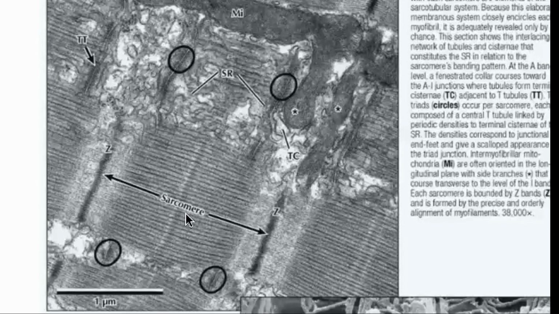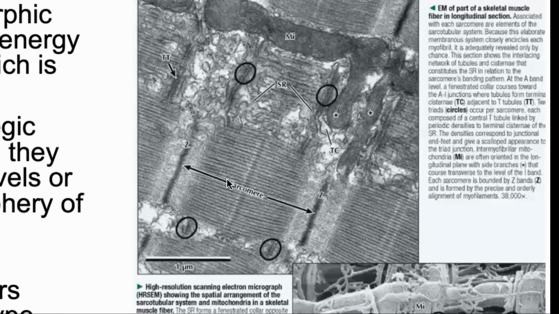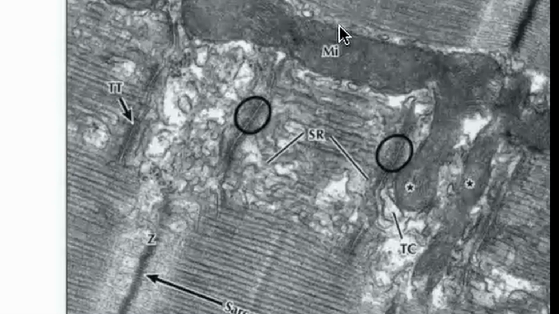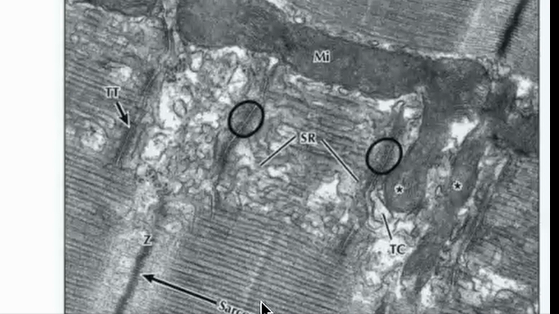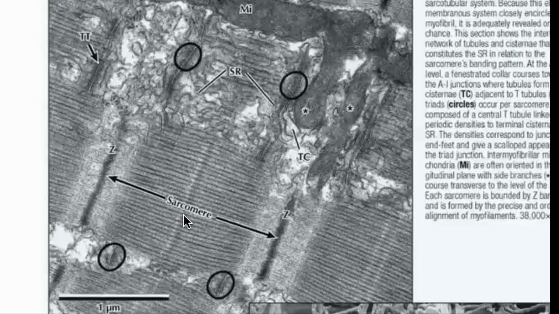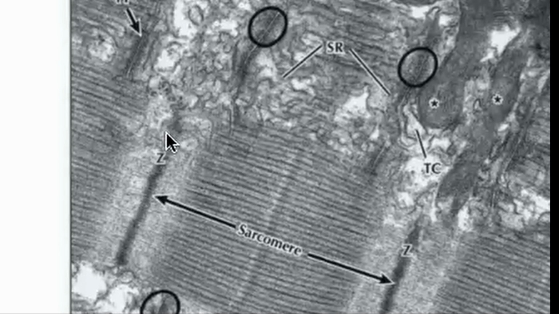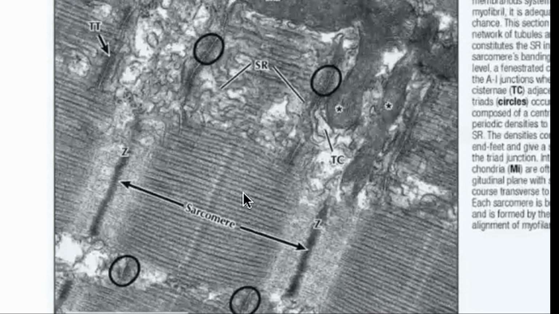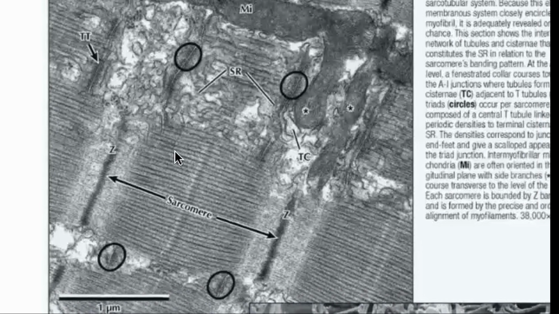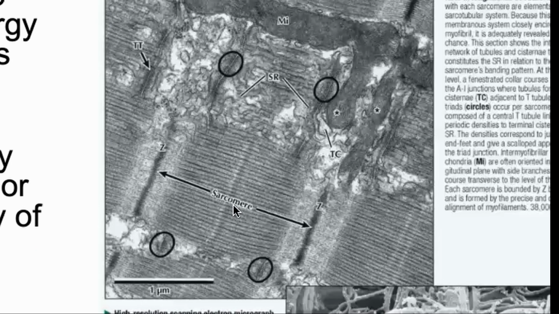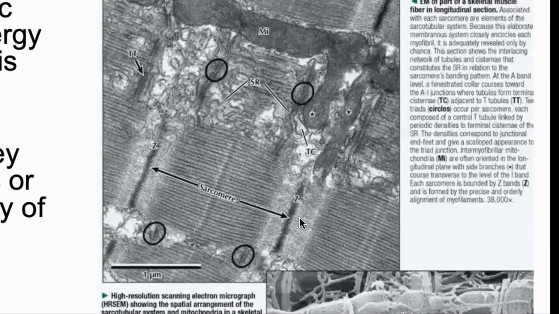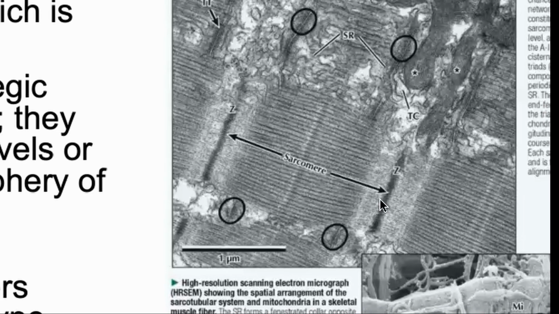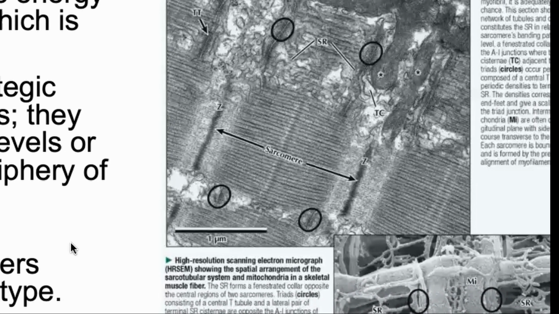Because remember, the sarcomere is a contractile unit with the actin and the myosin, and the ATP will need to bind to the myosin filament. Here you have the Z lines, and here would be the M line, and we know the lighter areas would be the actin, darker area myosin, and the contraction will pull the filaments together to the midline.